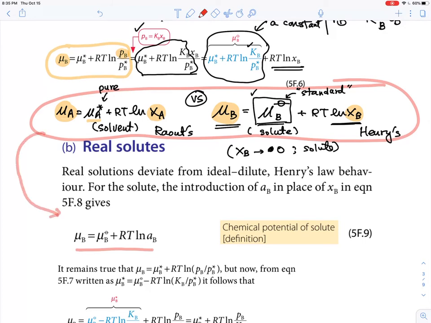So what that means is generically mu A is now mu A star plus RT natural log of the activity of A, and mu B is mu B standard plus RT natural log of the activity of B.